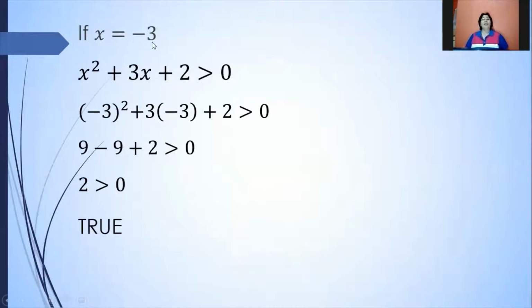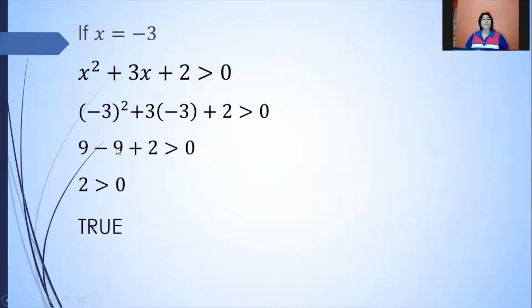If x is equal to negative 3, x squared plus 3x plus 2 is greater than 0. Negative 3 squared is equal to 9 plus 3 times negative 3 is negative 9 plus 2 is greater than 0.